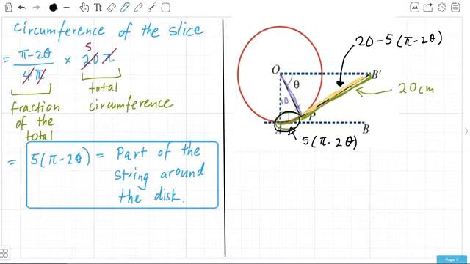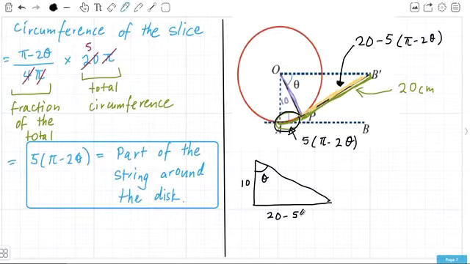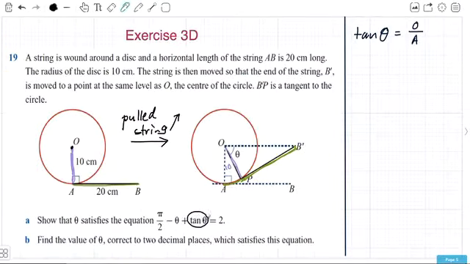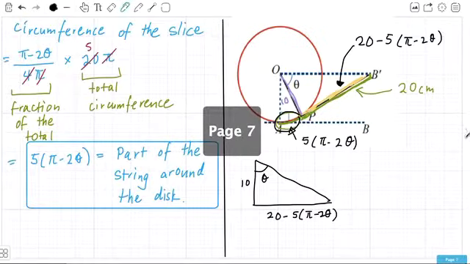So let's actually rewrite this. Pick up this triangle. We've got a nice triangle like that. We've got theta, we've got the radius of 10, and we now know this side here. So you can see the method to my madness, which is, looking back at the question, it wanted something to do with tan. So let's deal with tan now.